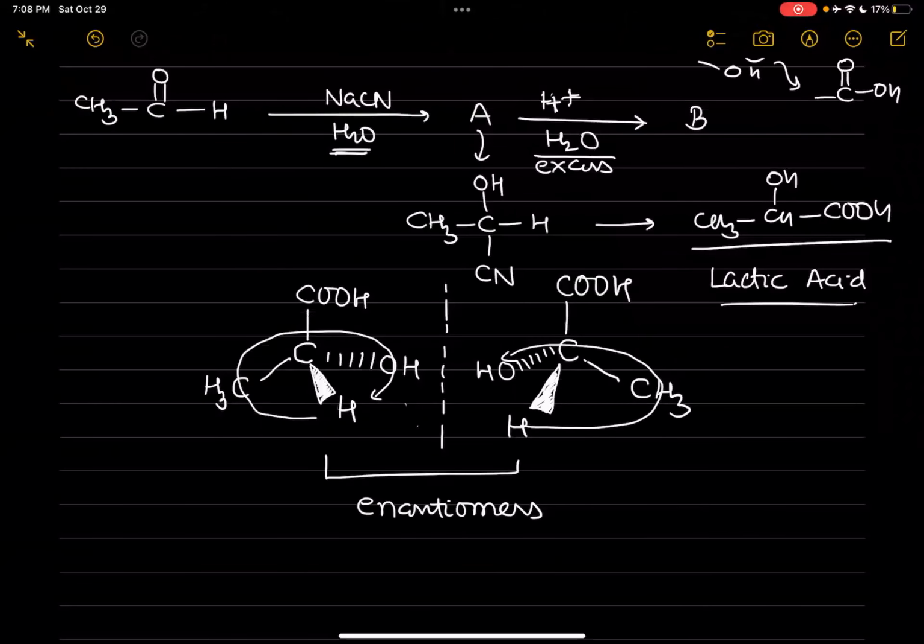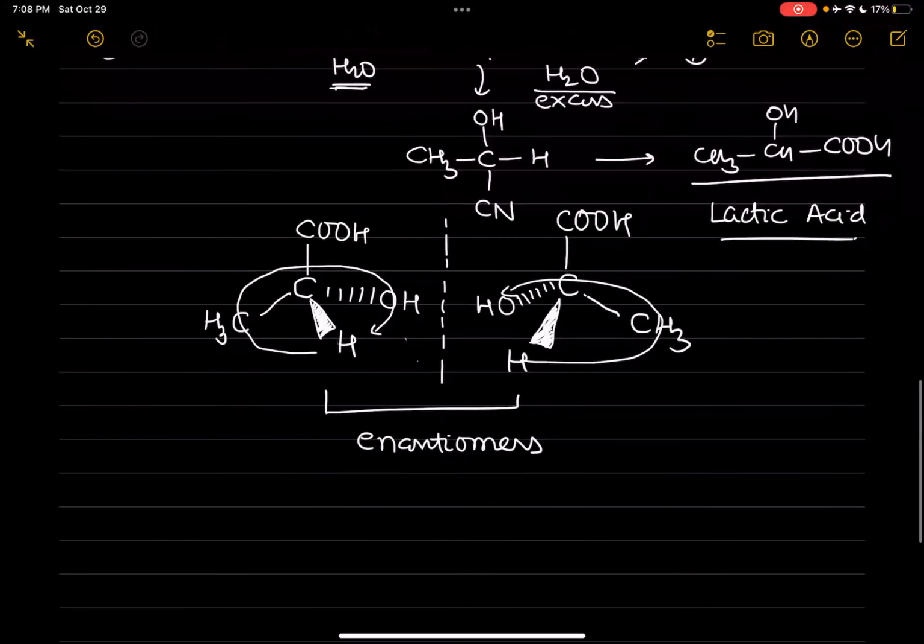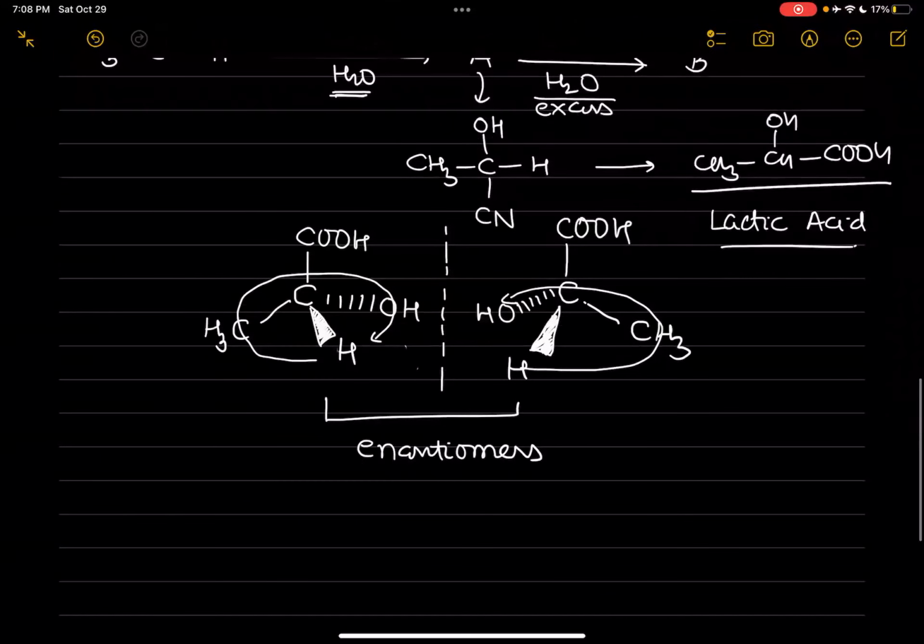You can hydrolyze and convert it to carboxylic acid. But there are other options also. If you reduce it, the CN is going to become CH2NH2 if you do the complete reduction.